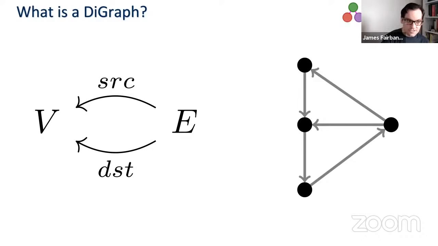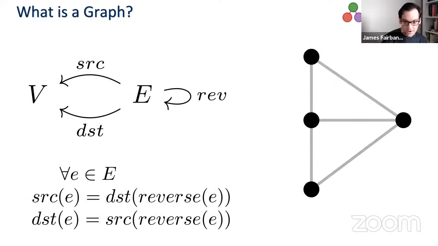A lot of graph theory is done in the setting of undirected graphs, which LightGraphs defaults to just calling graphs, and we call digraphs the special ones. So in an undirected graph, you have the same setup: an edge set, a vertex set. Every edge has a source vertex, and every edge has a destination vertex. But you can reverse edges.